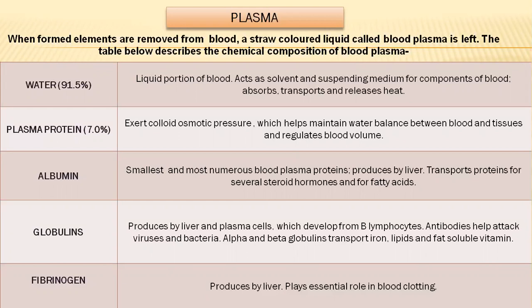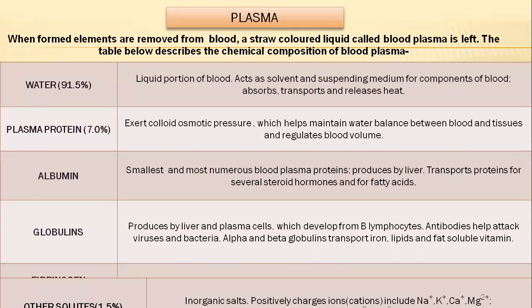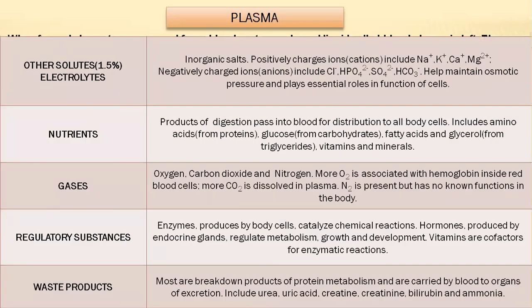Then you have fibrinogen. Fibrinogen is basically produced by the liver, and by now you understand that fibrinogen is important when it comes to hemostasis or blood clotting, the mechanism that we will discuss later on as we go on with our lectures in blood physiology.